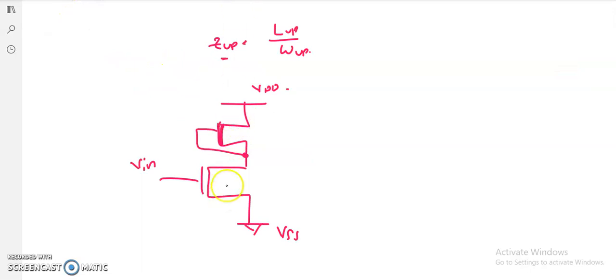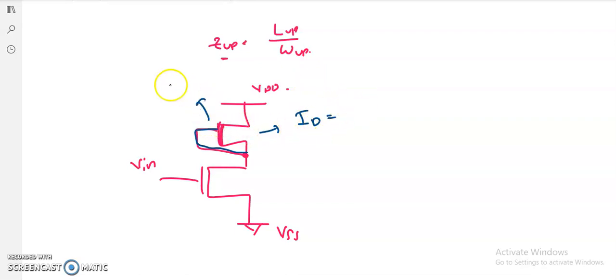It is the NMOS inverter driven by one more NMOS inverter, and it is a depletion mode NMOS inverter. As I told, in the depletion mode NMOS inverter, gate and source are short circuited. That means this depletion mode NMOS is always in the on mode, or always in the saturation mode. So if it is always in the saturation mode, then it has a drain current.